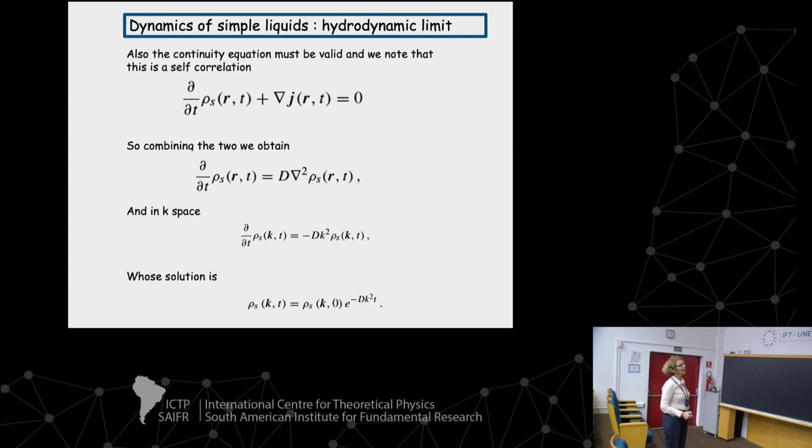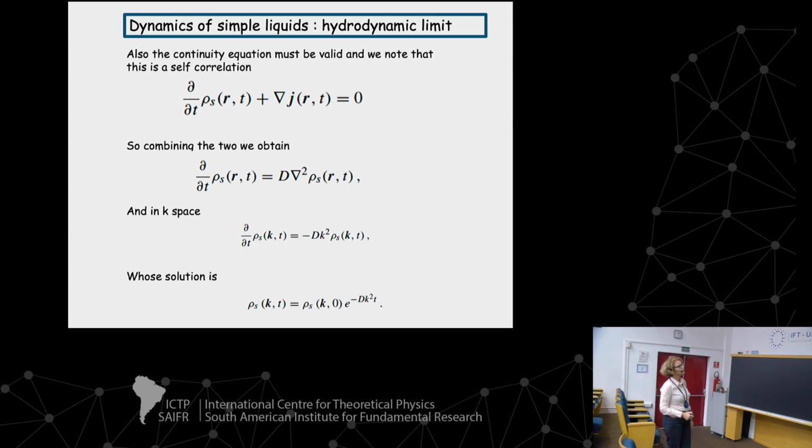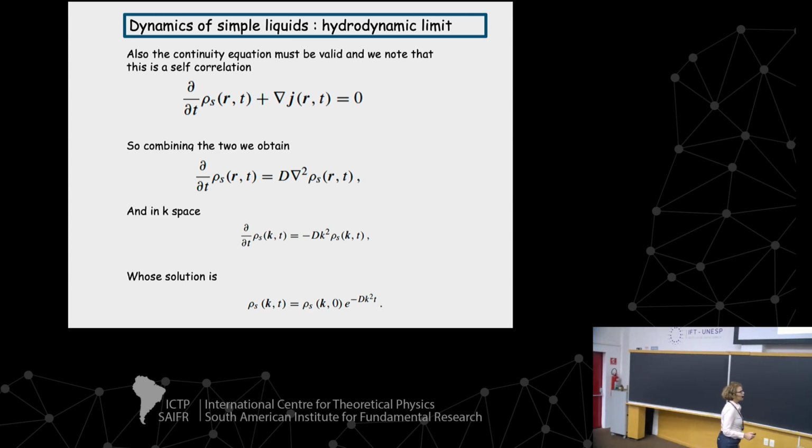And in k space, we passed this differential equation to k space, so rho_s(k,t) becomes -Dk² rho_s, and the solution is this one. So rho_s(k,t) is equal to the value that you had at t equal to 0, e to the minus Dk² t. So we see that it has an exponential decay.